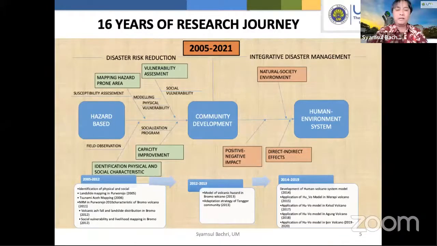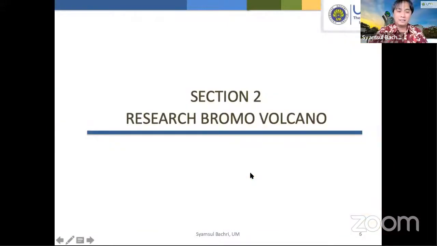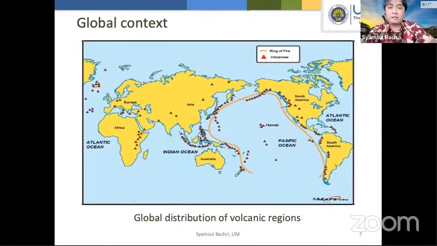I will bring you to our study area in section 2 of the research, the Bromo volcano. This is the global distribution of the volcanic radiant in the world, and the red triangles are the volcanoes themselves.